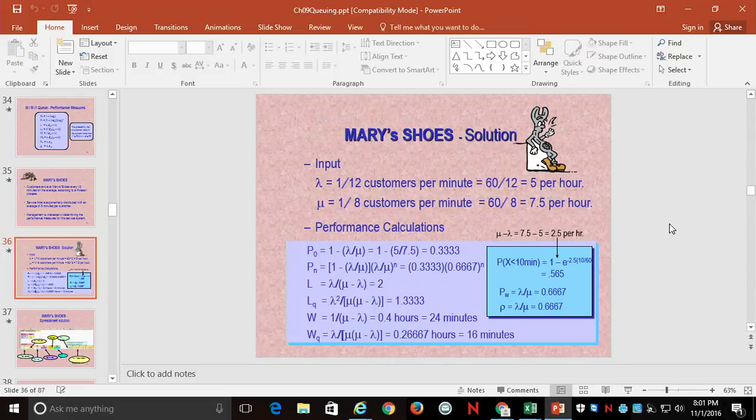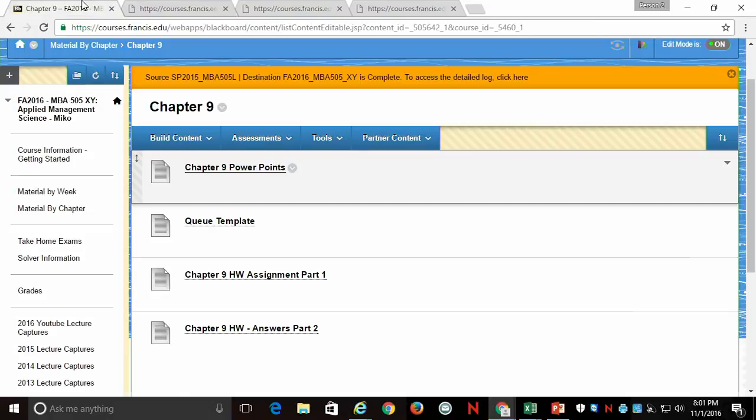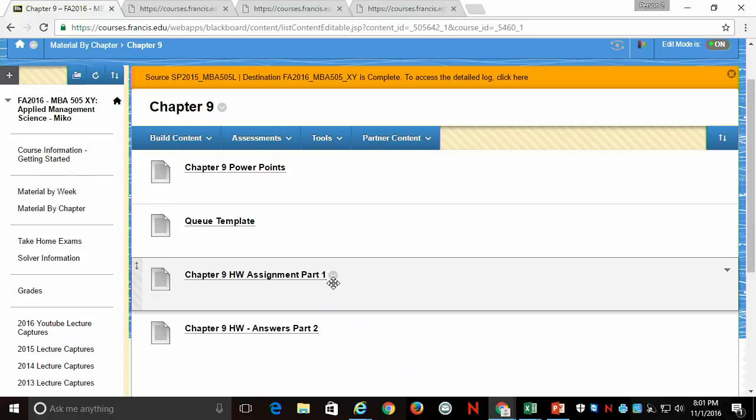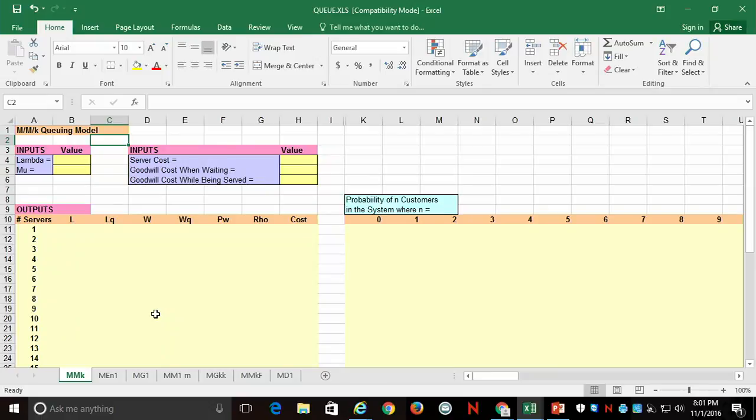Okay. So we're going to go to Blackboard, and we are going to go under Chapter 9. And under Chapter 9, we're going to go to Queue Template, and open up the Queue Template.